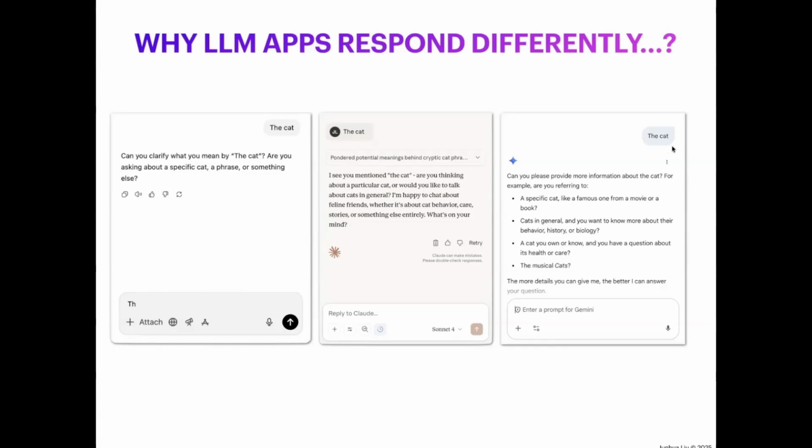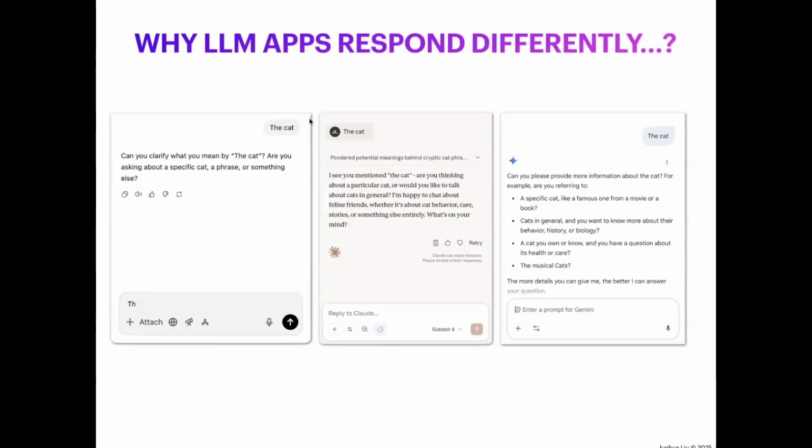And Gemini does the same thing. It asks for further clarification and also suggests some specific things that maybe we actually want. Here we see that large language model apps actually try to guess what the user intent is, rather than directly doing the next token inferencing or next token generation.